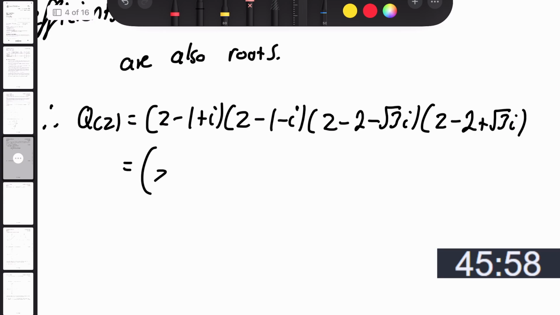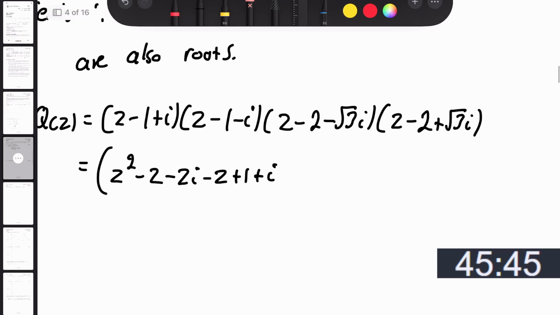So then this will be equal to z squared. We're going to have minus z minus zi minus z plus 1 plus i, and then plus zi minus i plus 1. That'll be negative i squared.